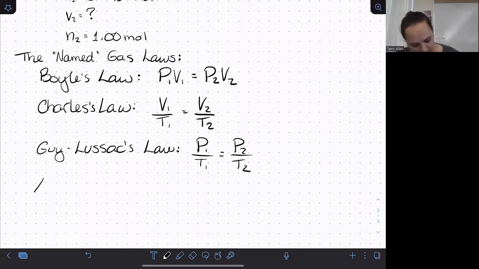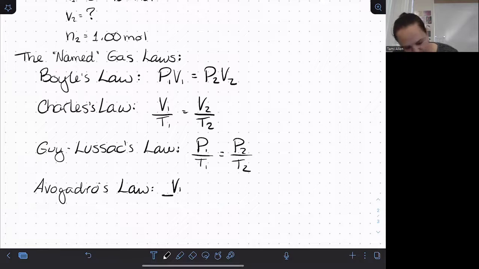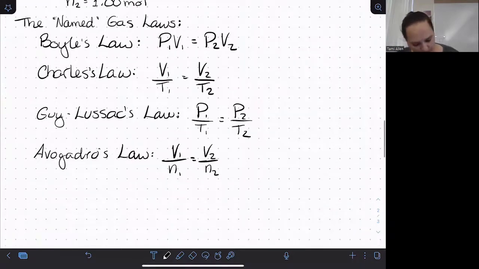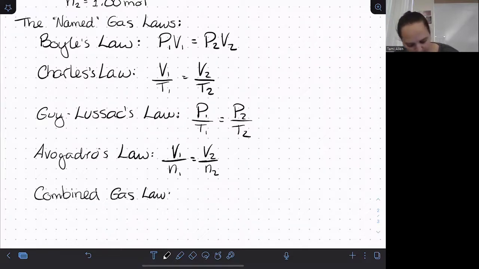There's Avogadro's law, which is volume and moles. V1 over N1 equals V2 over N2. And last but not least, there is the combined gas law, which relates pressure, volume, and temperature.